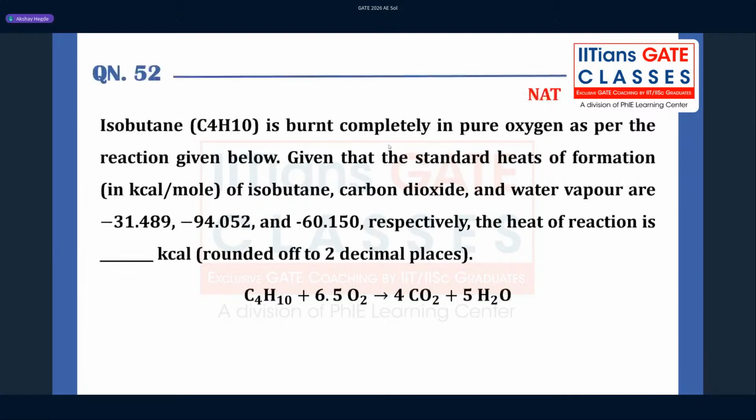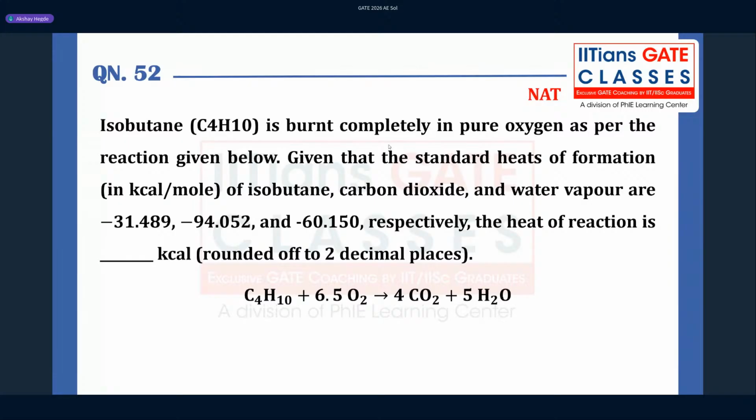Isobutane is burnt completely in pure oxygen as per the reaction given below. Given that the standard heats of formation in kilocalories per mole of isobutane, carbon dioxide and water vapor are minus 31.489, minus 94.052 and minus 60.150 respectively, find the heat of reaction in kilocalories, rounded to 2 decimal places.